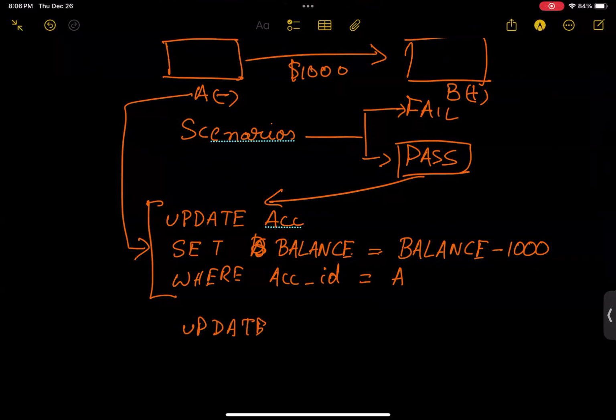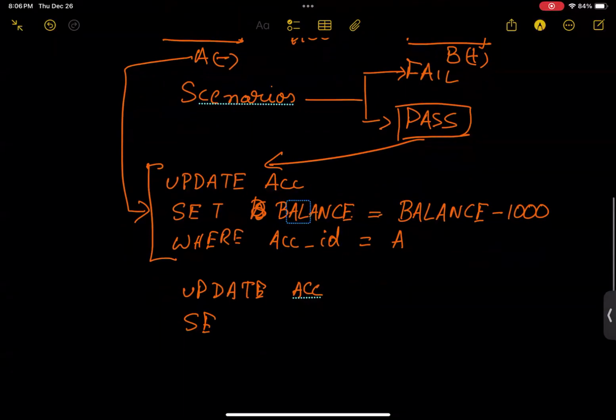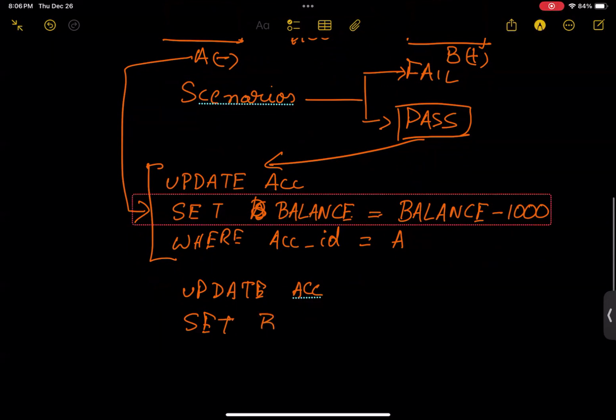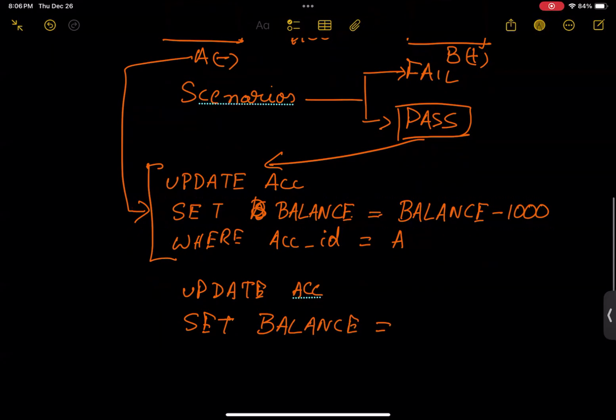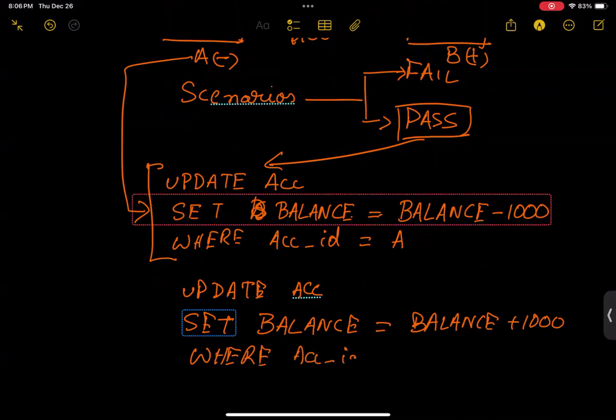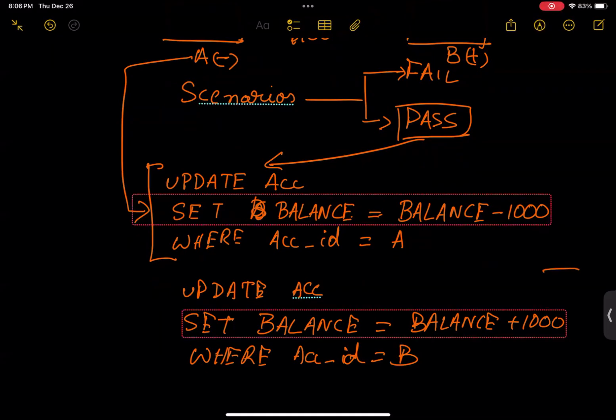Update account set balance equals balance plus 1,000 where account ID equals B. Okay, but shouldn't it be the same account ID on both?